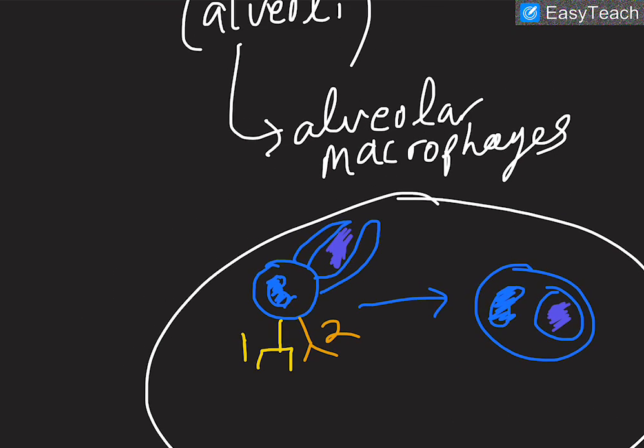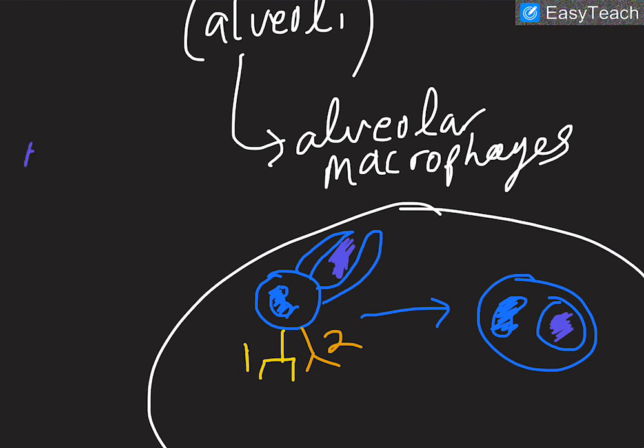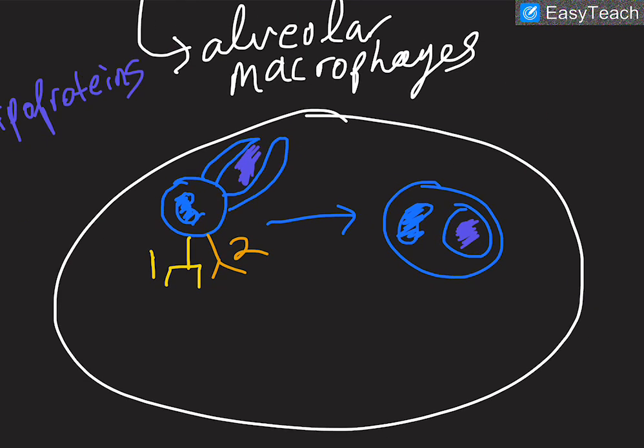Remember, this is representing the Mycobacterium tuberculosis. It has lipoproteins, and the lipoproteins can be released by this bacteria. So this is our bacteria, Mycobacterium tuberculosis, and it's going to release lipoproteins, which we'll draw like squares.